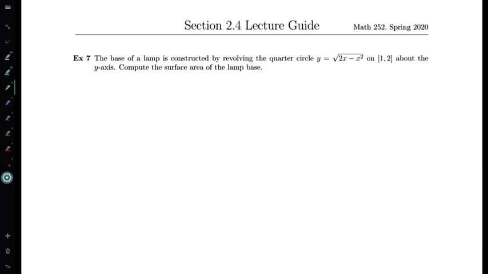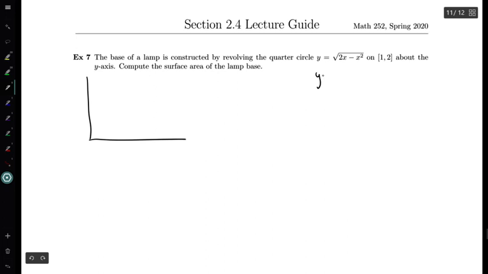So again, it's going to be helpful to have a picture. So let's think about at least this region that we've got set up here. We have this function y equals root 2x minus x squared, which isn't what we're used to seeing as far as circles go. But it's not too hard to show that this is, in fact, part of a circle. So if we square both sides, we can start with y squared equals 2x minus x squared.